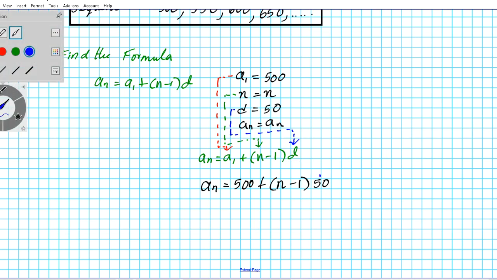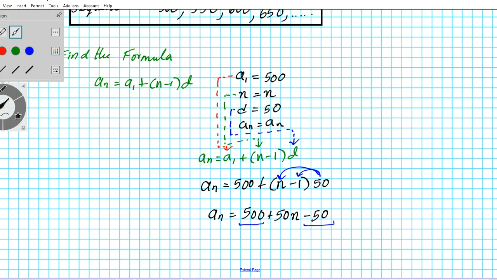To do that, we're going to distribute 50 to negative 1 and n as we did in the previous example. And that gives us an equals 500 plus 50n minus 50. Alright, we can combine like terms here. The like terms are negative 50 and positive 500.